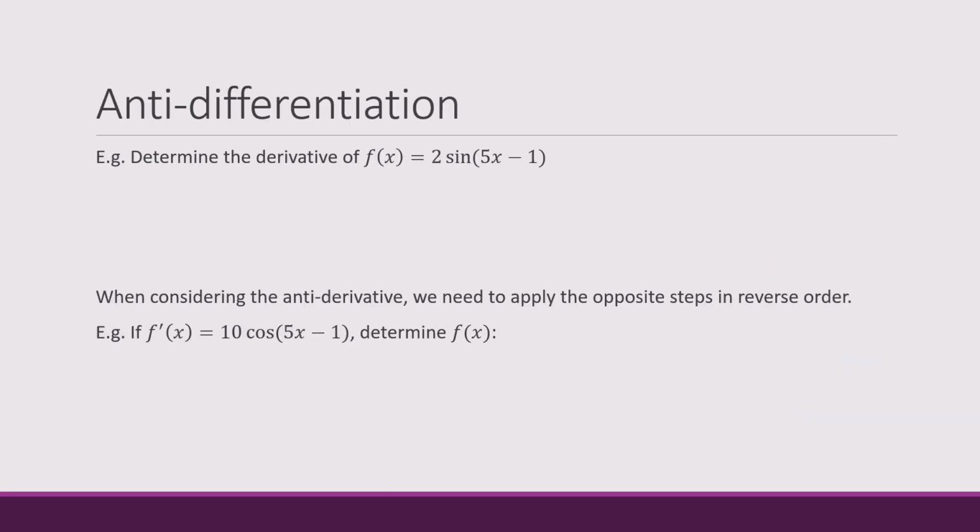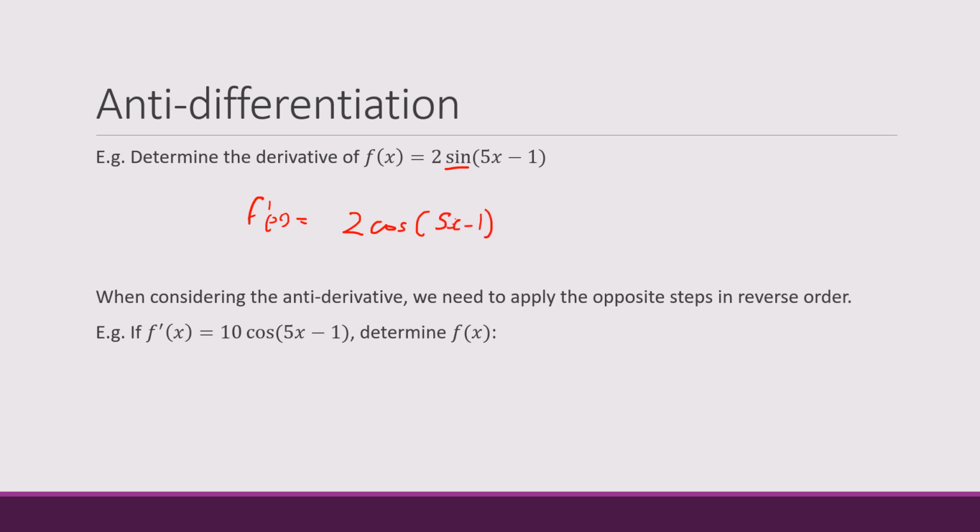Now let's do an example where we have to derive, and then see how we can do anti-differentiation, applying the process in reverse. Determine the derivative of 2 sine 5x minus 1. To find f dash x, the derivative of sine is cos, so it becomes 2 cos 5x minus 1.